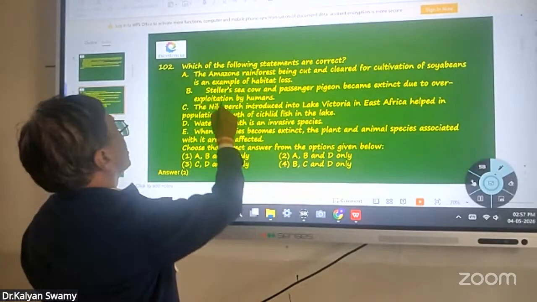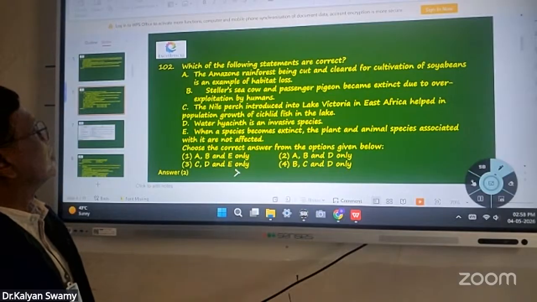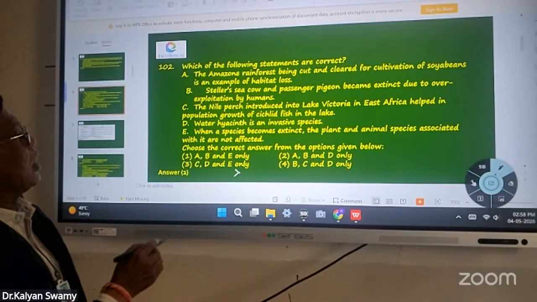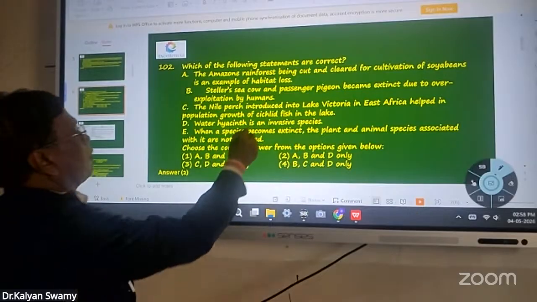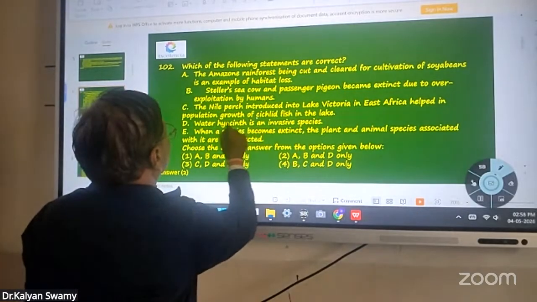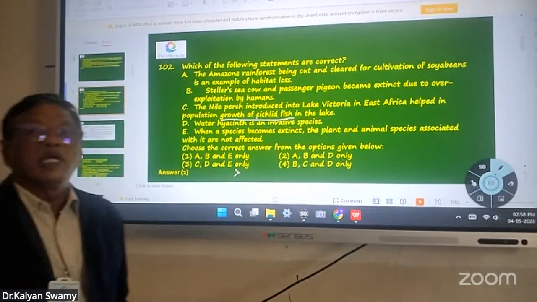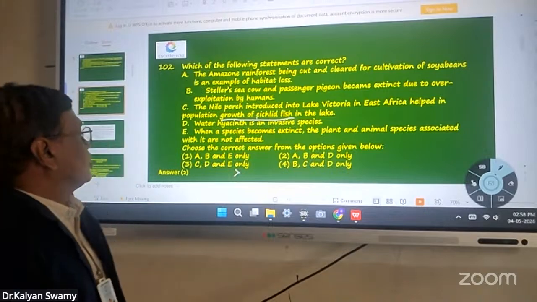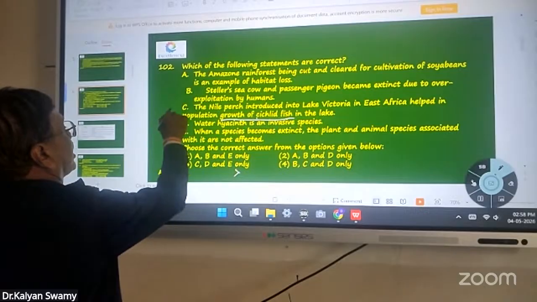And A, B, C. Then the Amazon forest being cut down and cleared for cultivation of soya beans, that is also correct. And then invasive species, that is also correct. Now here you see, C is not correct: the Nile perch introduced into Lake Victoria led to the extinction of cichlid fish. That is why C should not be there.